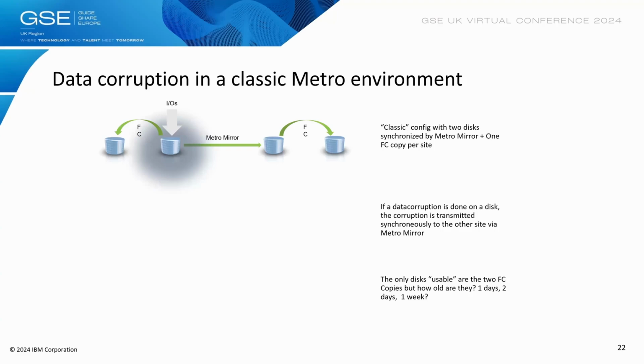So to illustrate the concept of LCP, let's first have a look at a data corruption scenario in a classic GDPS Metro environment without LCP. We can see that this configuration is a classic GDPS Metro configuration. It has 2 sites with synchronous replication.